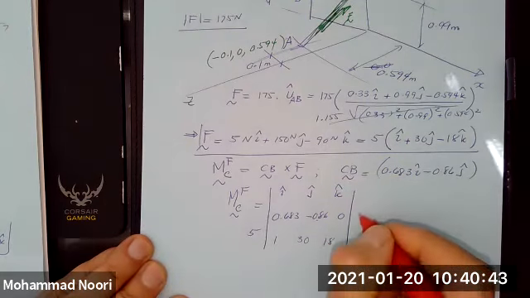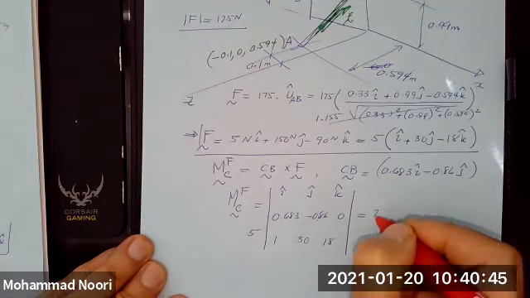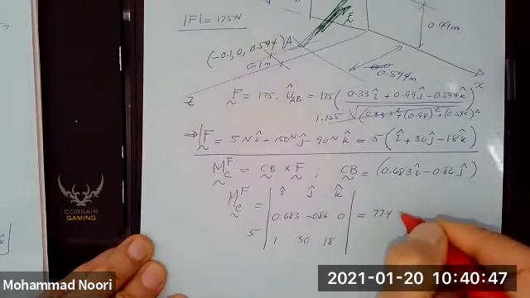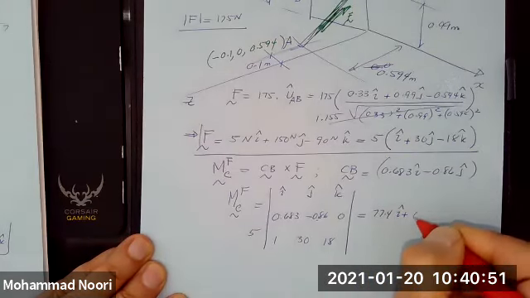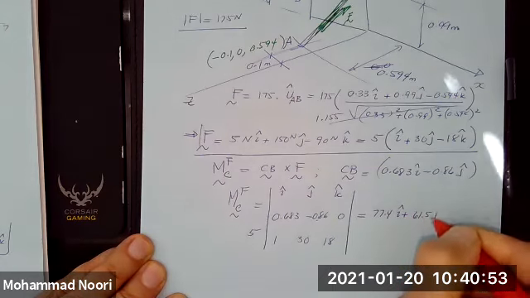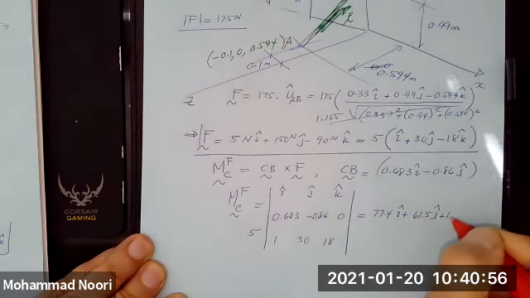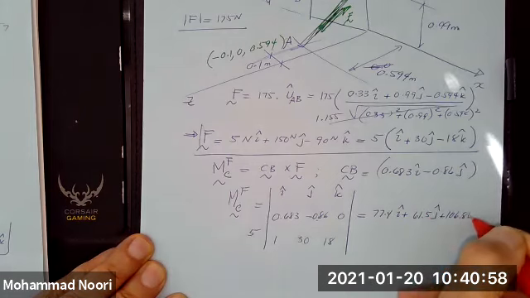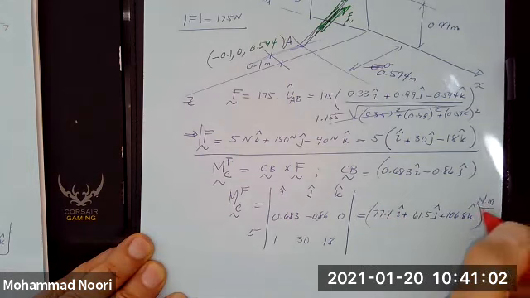If you expand this determinant, you will get 77.4 I plus 61.5 J plus 106.8 K, all in Newton meter.